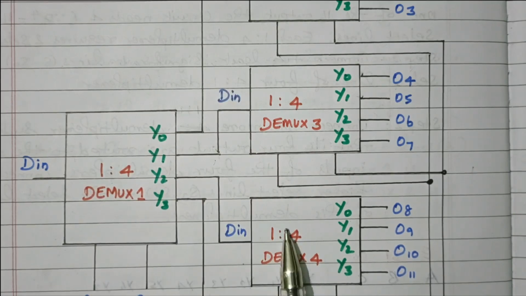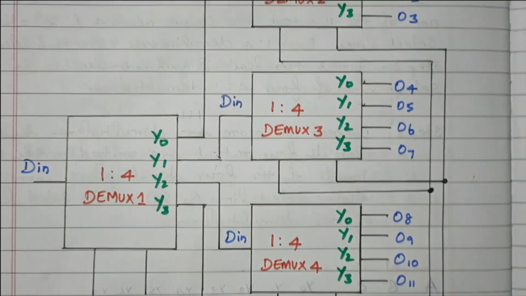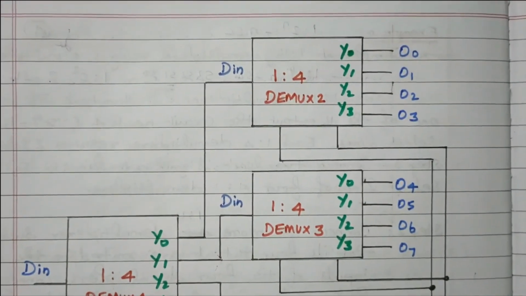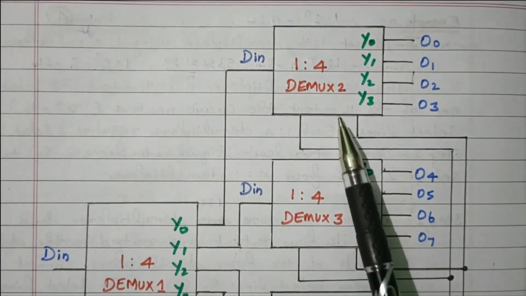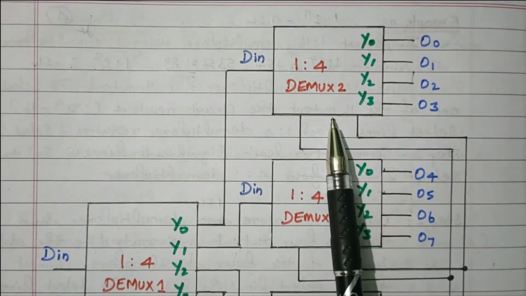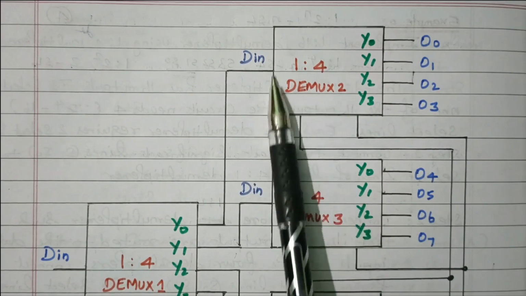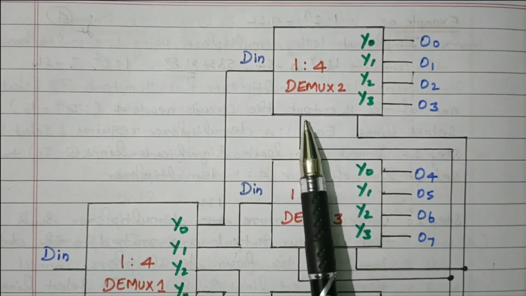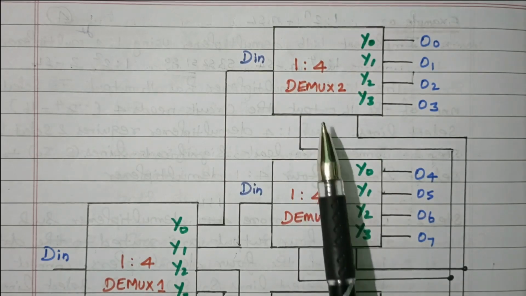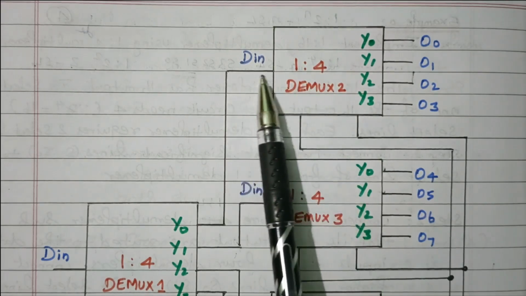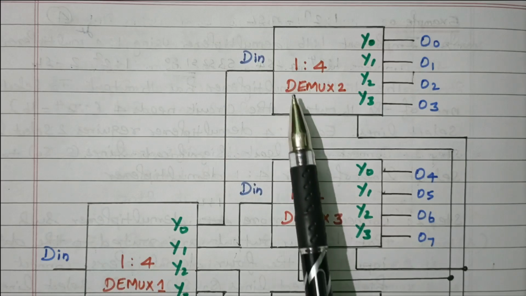Now we'll see the control of these dmux one by one. This is dmux 2. When the MSB selection lines S3 and S2 are 0 0, this dmux will be enabled and the remaining are disabled. So it gets the input, and the remaining inputs are 0, right?